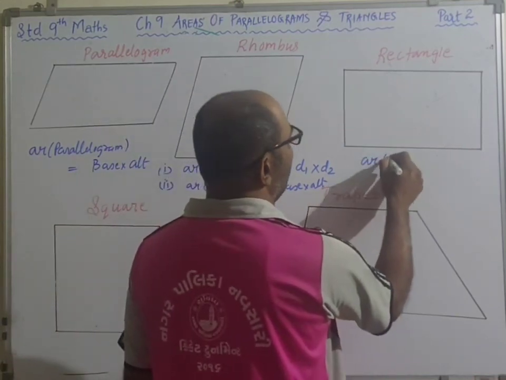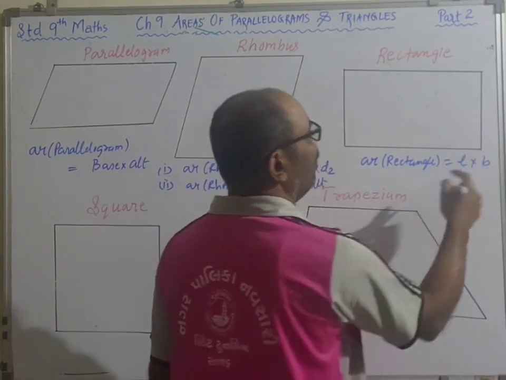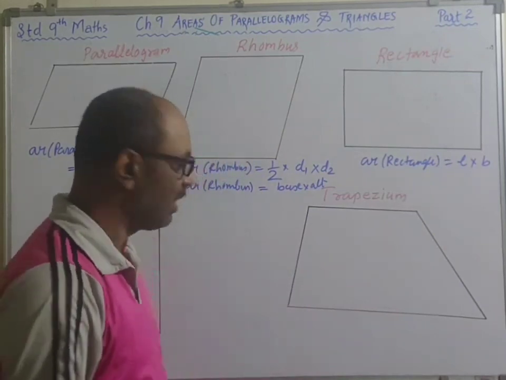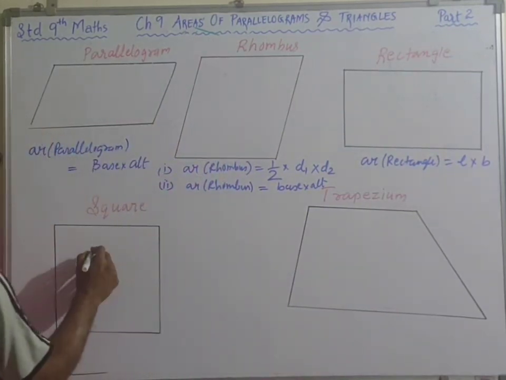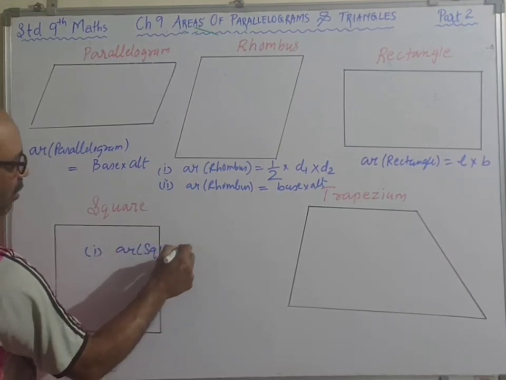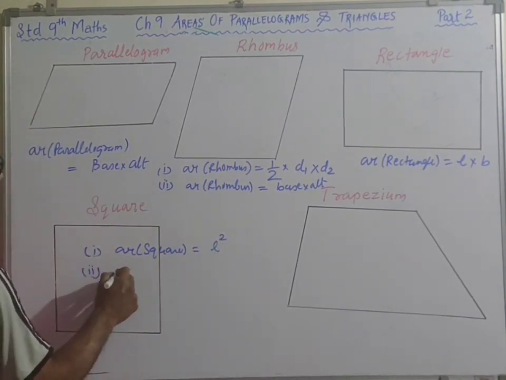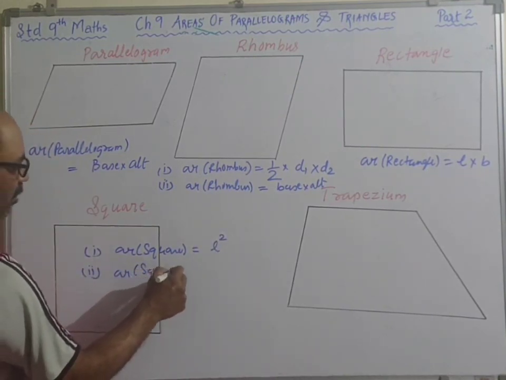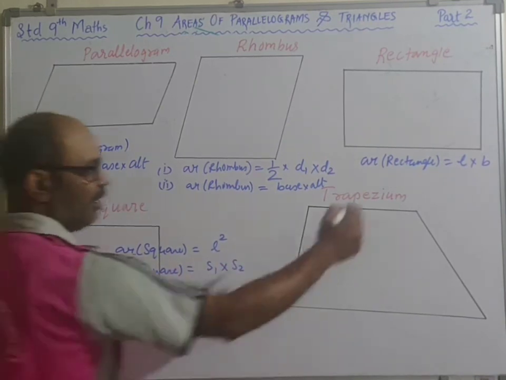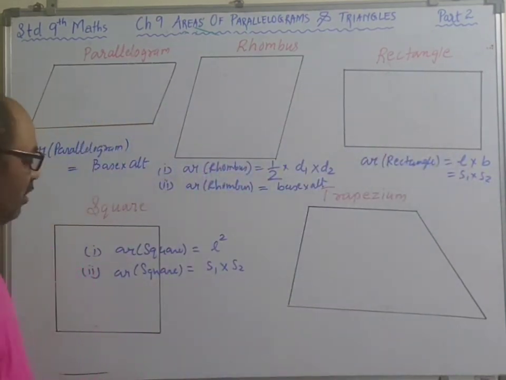Rectangle. Area of rectangle. You may say length into breadth. Any side multiplied by corresponding side. Area of square. First, the formula is length into length, L square. Second, area of square, that is side 1 into side 2. Any consecutive side. यहाँ भी ऐसे कह सकते हैं side 1 into side 2. Any product of any two consecutive sides.